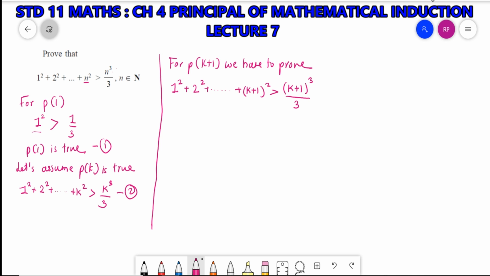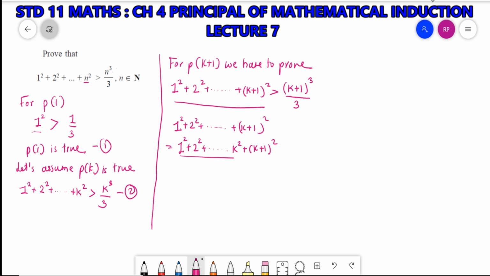So now let's take this one, I can write it down 1 square plus 2 square up to (k plus 1) square. Now before (k plus 1) square, which will be the term? k square. So 1 square plus 2 square up to k square plus (k plus 1) whole square.